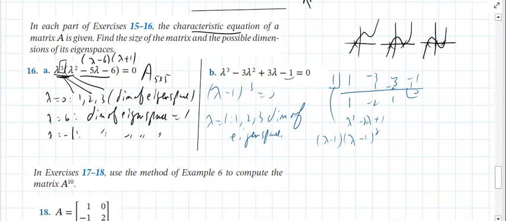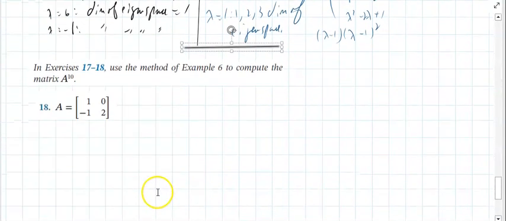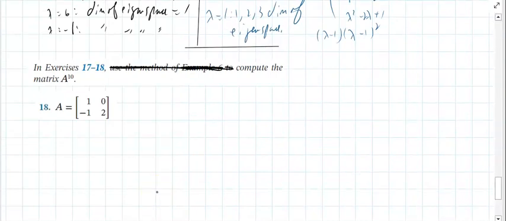Now, the main use of this whole process is figuring out what is A to the 100. And in case you're not sure, A to the 100 means you're going to multiply the matrix by itself 100 times. But notice what happened.